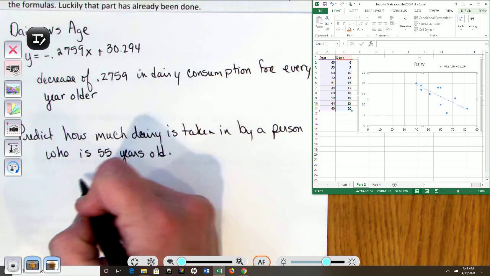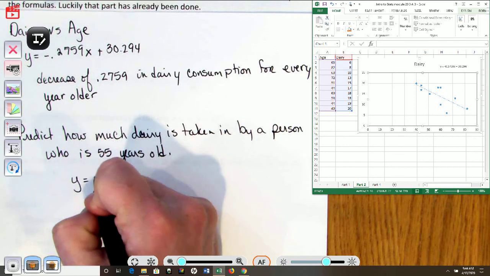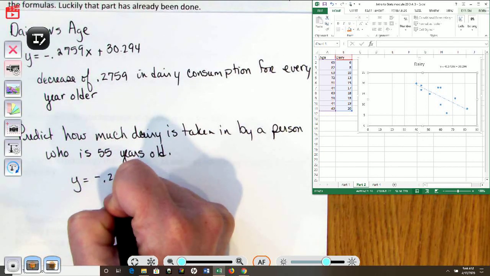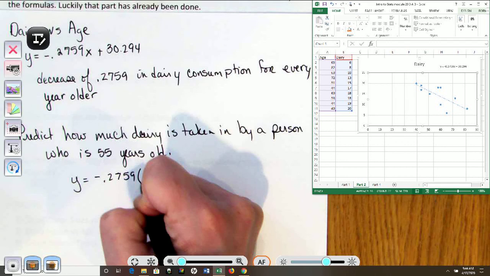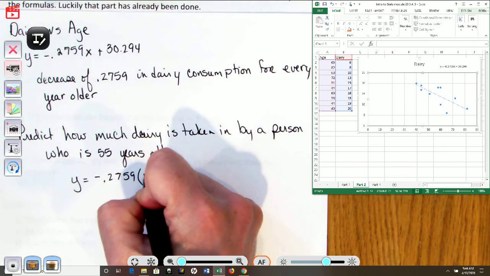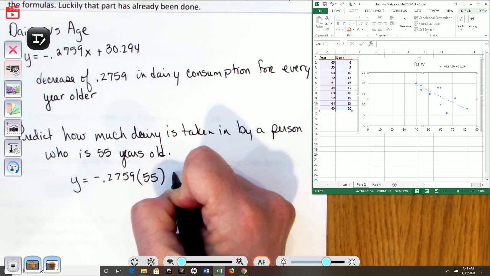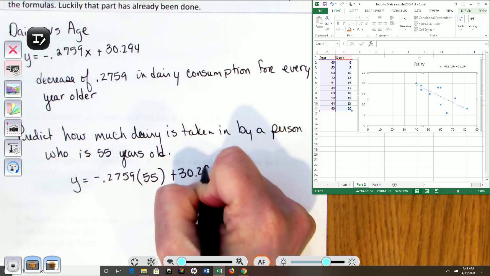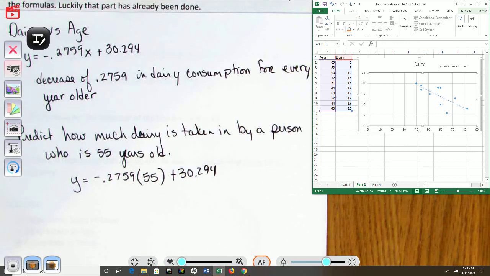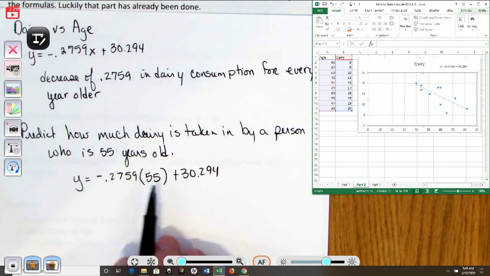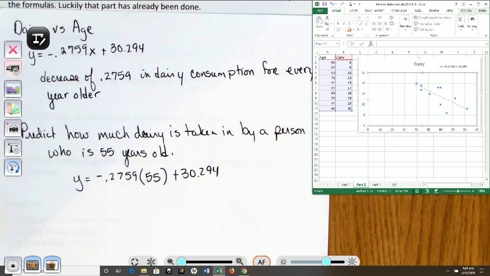So now to do that, we are going to take that negative 0.2759 times our x, which x was our age. And then we'll add that 30.294. Again, order of operations says we will do that multiplying first. So I'm going to do that multiplying first on my calculator, negative 0.2759 times the 55.